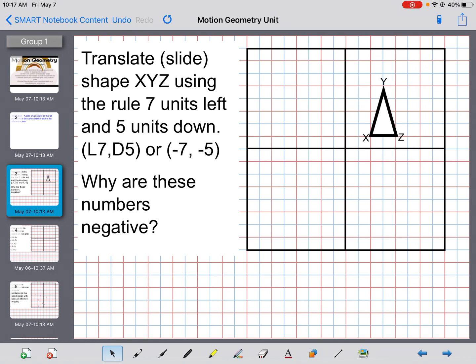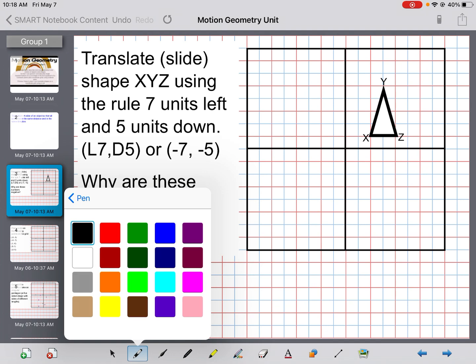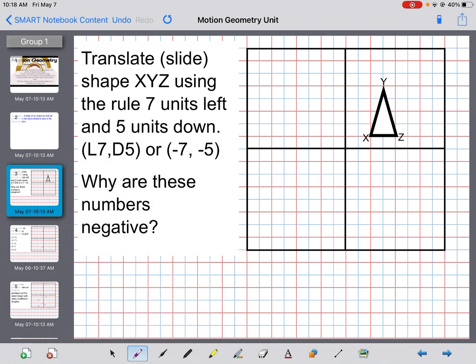Now I want you to think about why these numbers in this ordered pair might be negative. Okay, so I'm going to show you how to follow this rule here. So it says we want to translate it left 7. So we want to go left 7. So 1, 2, 3, 4, 5, 6, 7.